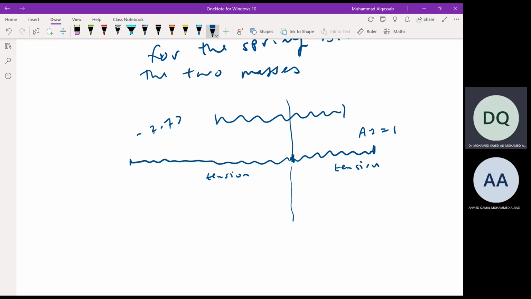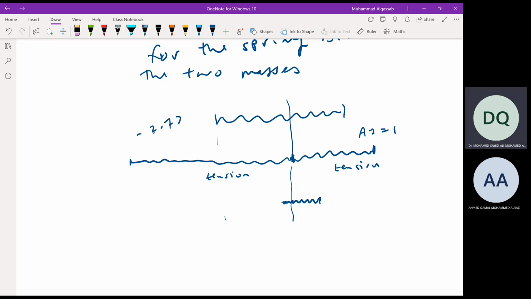And then when A2 is minus 1, it means this will move here, and the end point on the left side will move even closer. This is 1, and that will be 2.7. So this will move more.